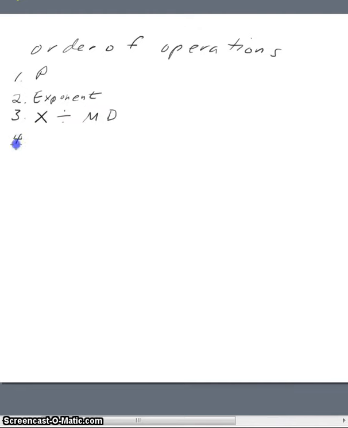And then after that, we can do the summation. This is new for some of you. This symbol. And then after that, if there's any sort of addition or subtraction, we can do that after the summation.